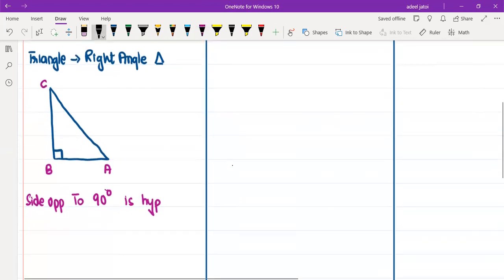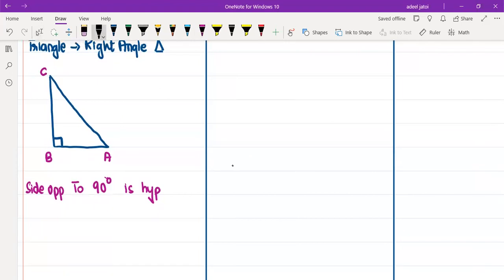When we talk about the two sides, these two sides can be referred to as adjacent or they can be referred to as perpendicular when we are using Pythagoras theorem.